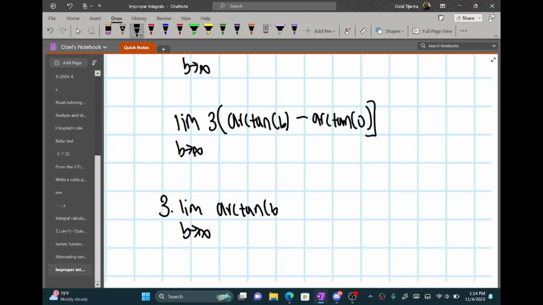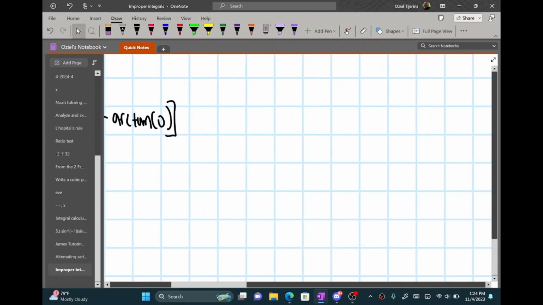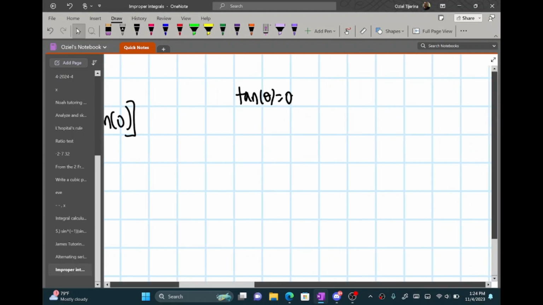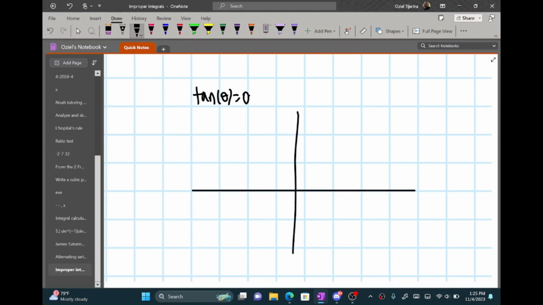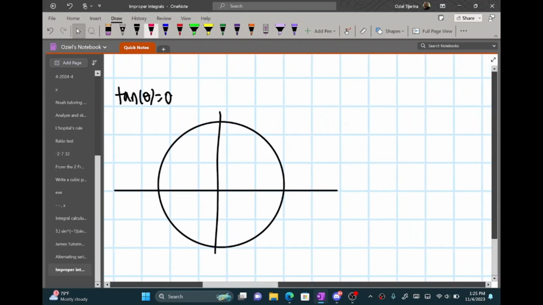arctangent of b minus, and arctangent of 0 means if tangent of theta is 0, at what angle is tan theta equal to 0? Well, if you think about it, on our unit circle, at 0 radians, we have the point 1 comma 0.